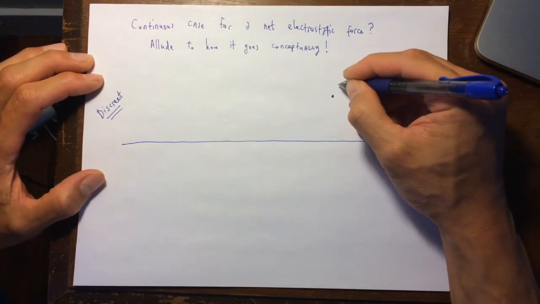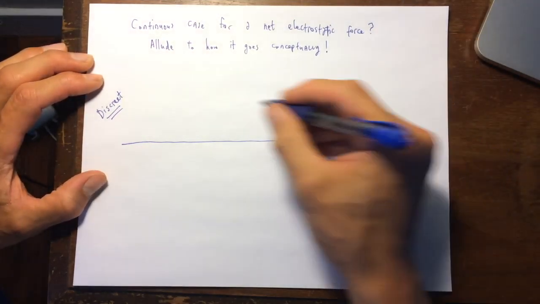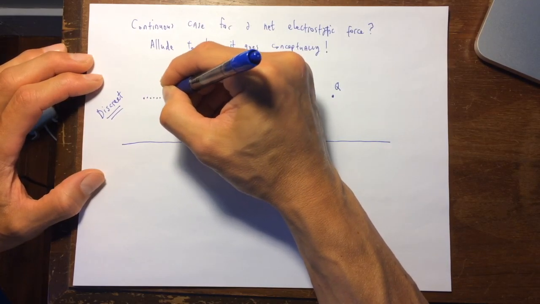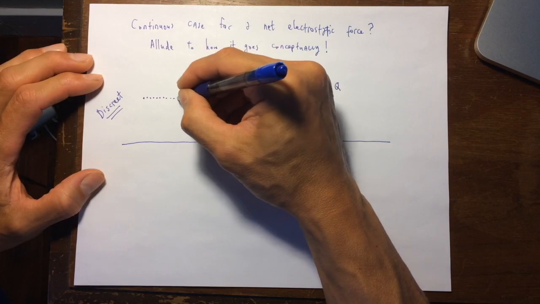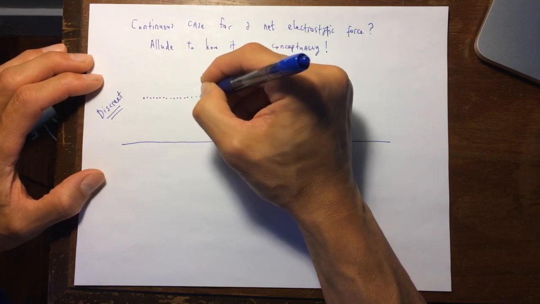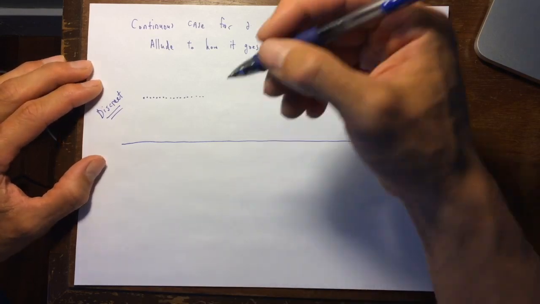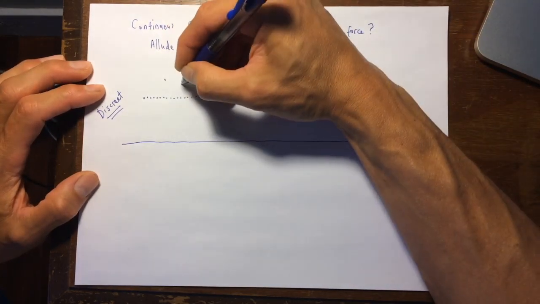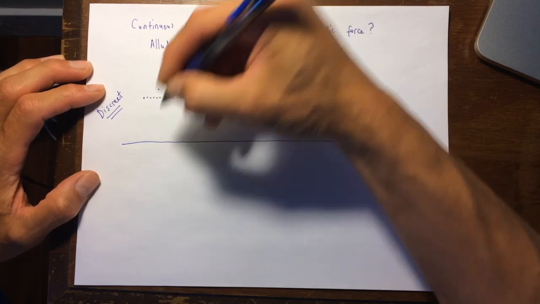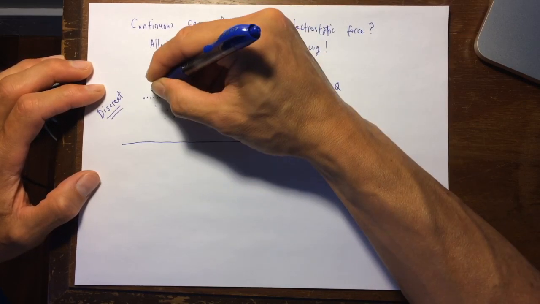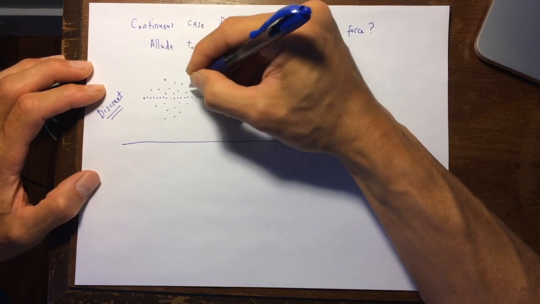So here is a capital Q, and over here is a whole bunch. Let's imagine a bunch of little charges, right? And they happen to look like they're along a line, but it doesn't really matter. Let's add charges. Right?